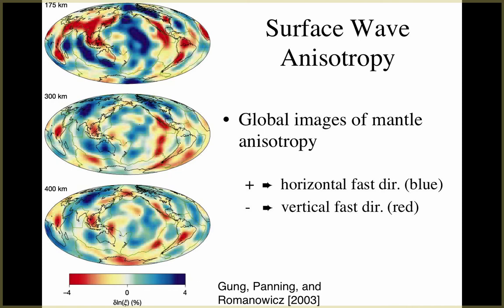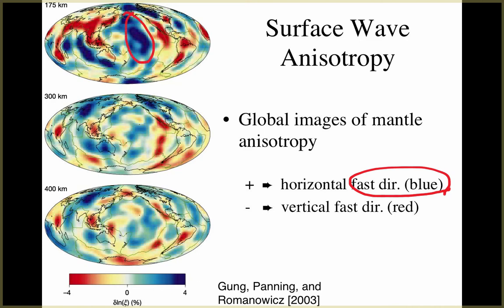These images show a measure of how anisotropic the Earth is at different depths, and it shows regions where the horizontal direction is fastest, shown in blue. These are regions where the mantle may be spreading sideways, and in the upper mantle will be due to mid-ocean ridge spreading.